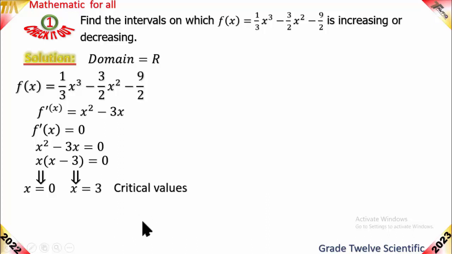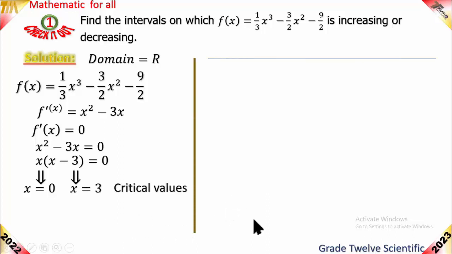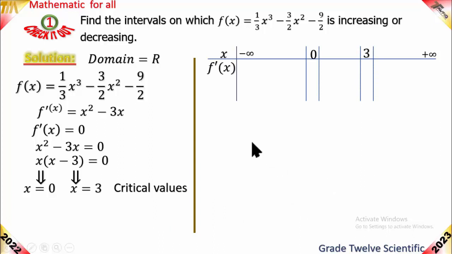And now draw the number line. For x, you have from minus infinity to positive infinity because the domain is all real numbers. Then you have the first critical point 0 and the second critical point 3. The value of f prime of x at 0 is 0, at 3 is 0.